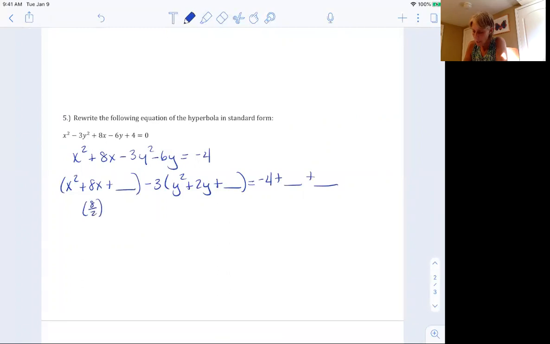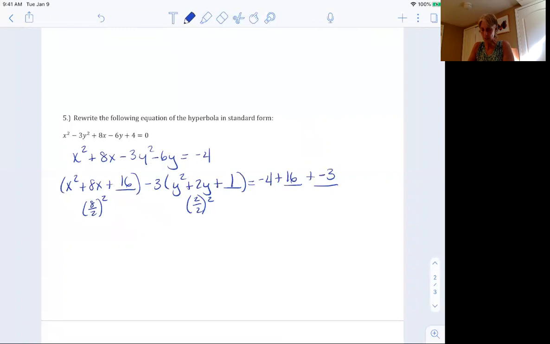Middle term, divide by 2, square it. Middle term, add it to the other side. Middle term, divide by 2, square it. I'm adding a 1 inside, but I'm really adding a -3 to both sides, right? I have to remember to just multiply it by -3 before I add it.